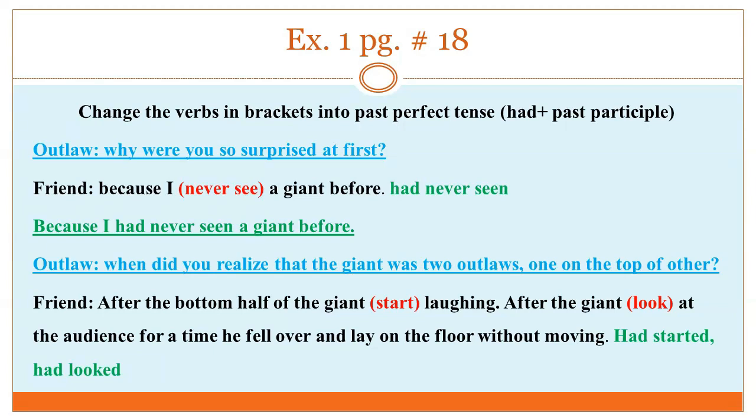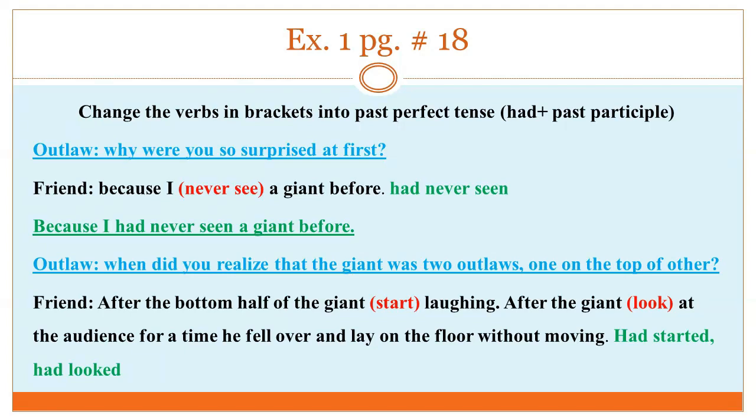So you can see start is in brackets. We have to change it into past perfect. After the giant look at the audience for a time, he fell over and lay on the floor without moving. Look again in brackets. We need to change this look also into past perfect tense.